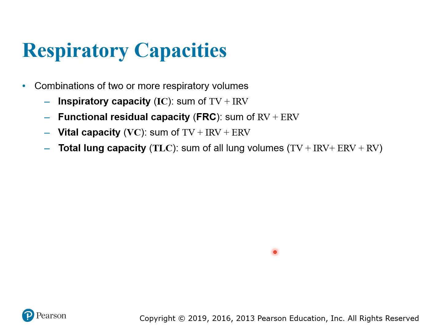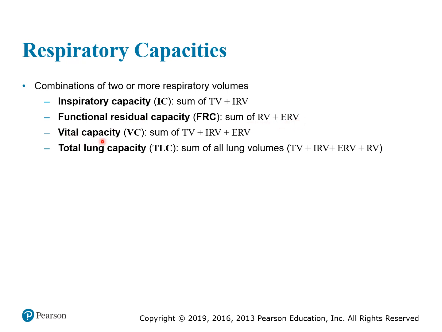These volumes combine and make capacities. Now we have inspiratory capacity, represented by IC, which is the sum of tidal volume and the inspiratory reserve volume. Then we have functional residual capacity, FRC, the sum of residual volume and the expiratory reserve volume.